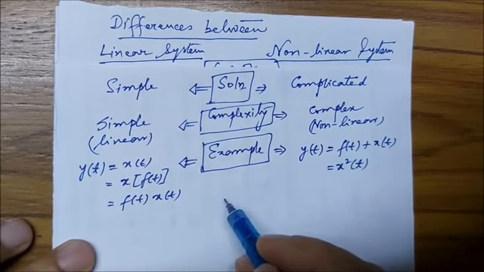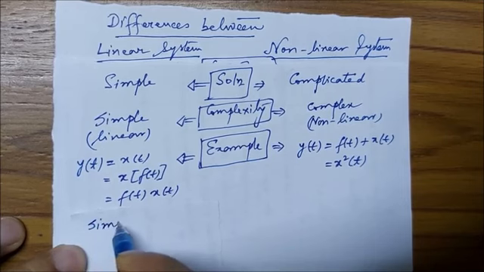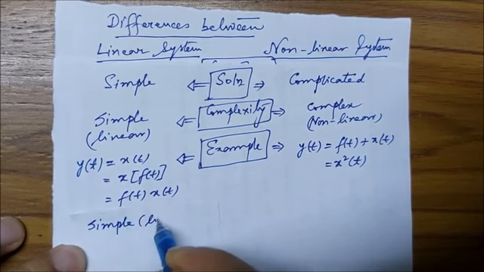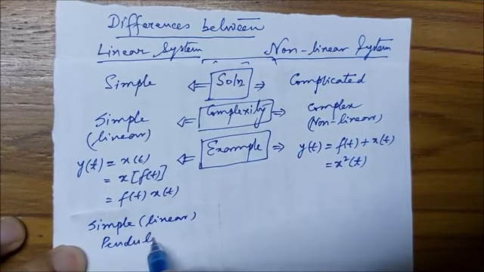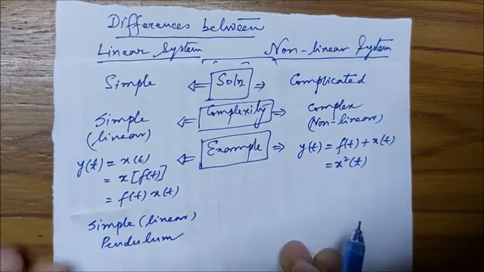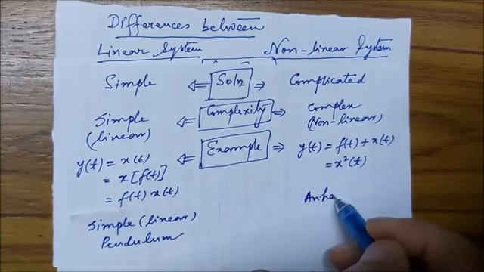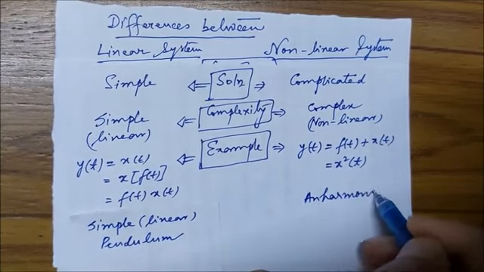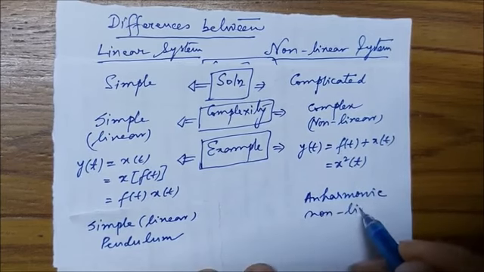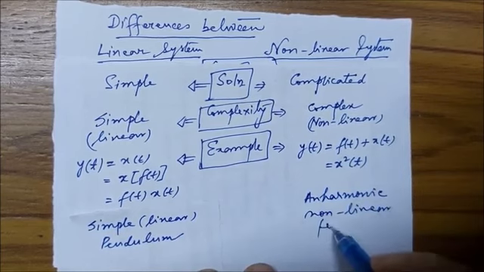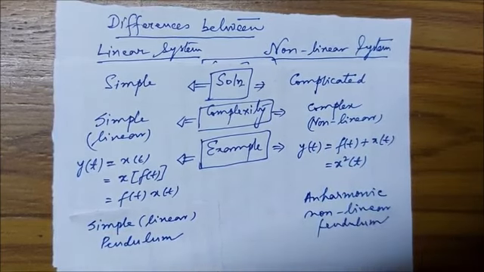And let us also give a physical example. A simple or linear pendulum is an example of a linear system, and anharmonic oscillator or anharmonic or nonlinear pendulum is an example of nonlinear system.